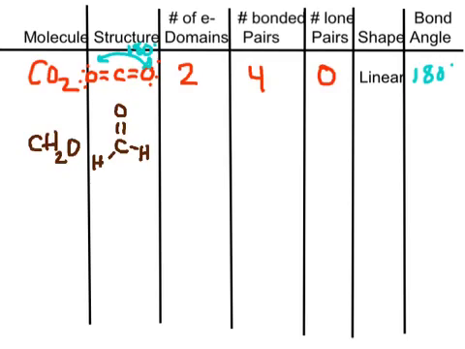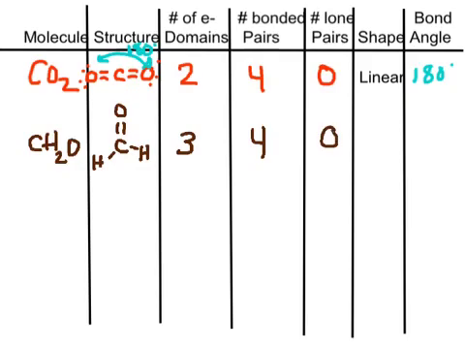So if we take a look here, carbon has 3 sides that have electrons on them. We've got 1 side with a double bond and 2 sides with a single bond, so 3 electron domains. Again, all 4 of carbon's electrons are involved in a bond, so all 4 are bonded, and we have 0 lone pairs.